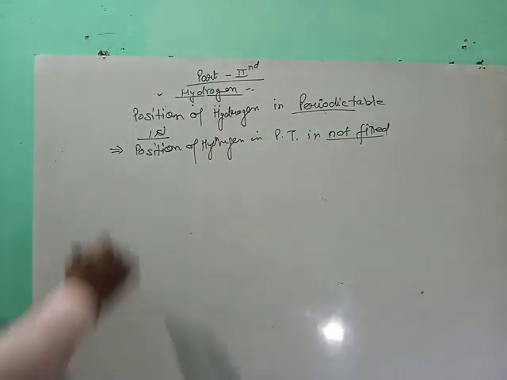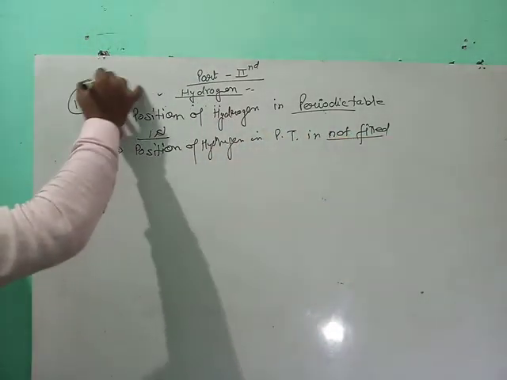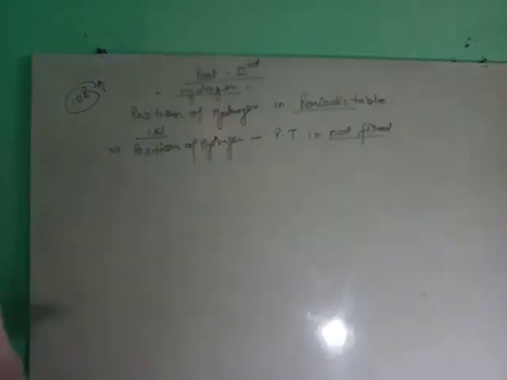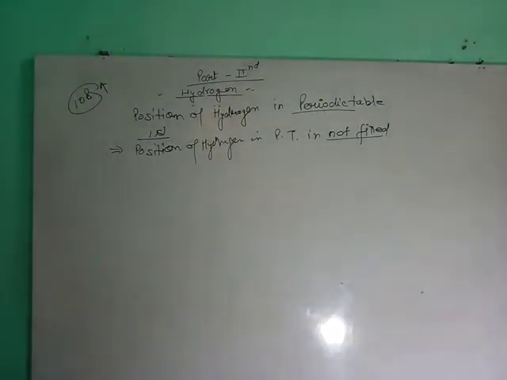We know we have more than 108 elements, and elements like sodium, lithium, potassium, rubidium, cesium, and francium, and helium, neon, argon, krypton, fluorine, chlorine, bromine. So many elements, and all elements have a fixed position.